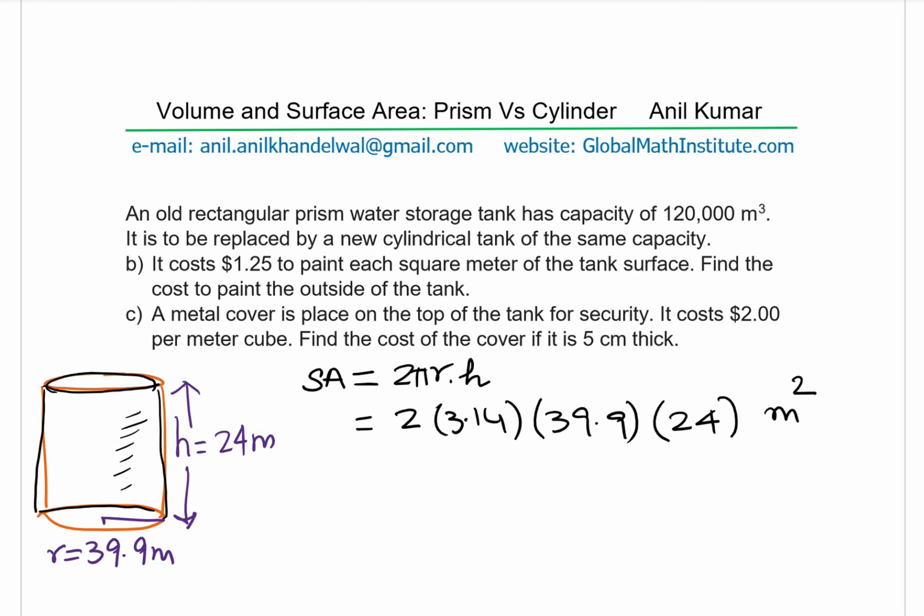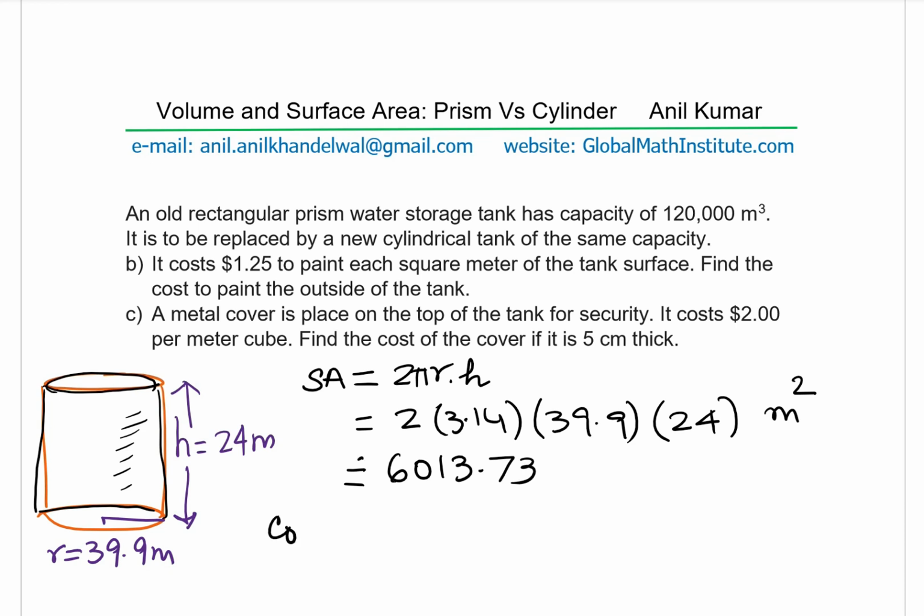But first, let's just find the surface area. 2 times 3.14 times 39.9 times 24. And that gives you 6013.7, let's say approximate to 3.